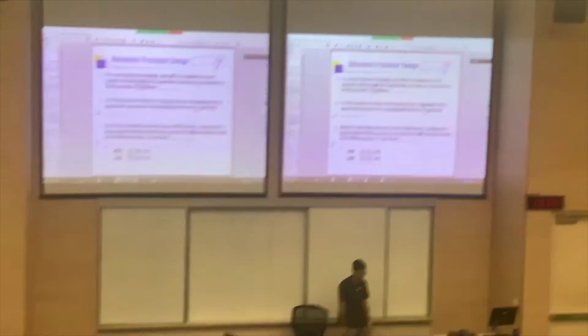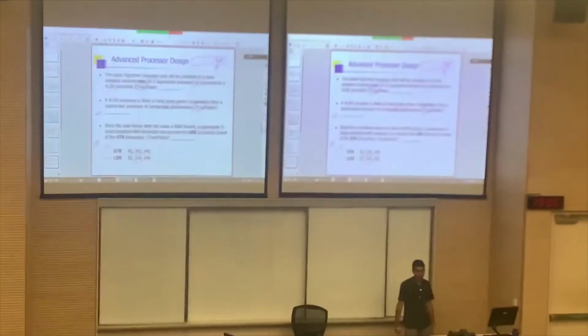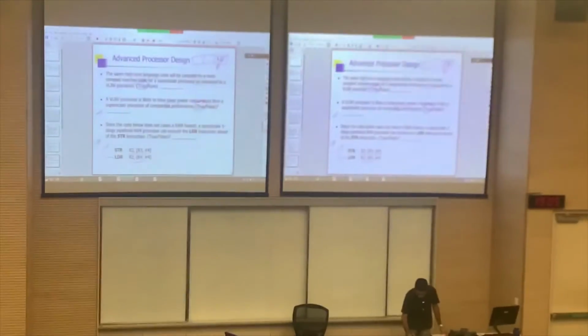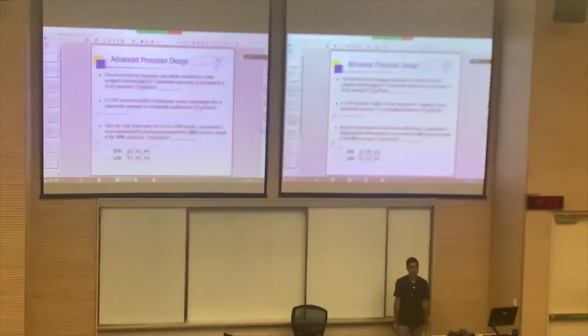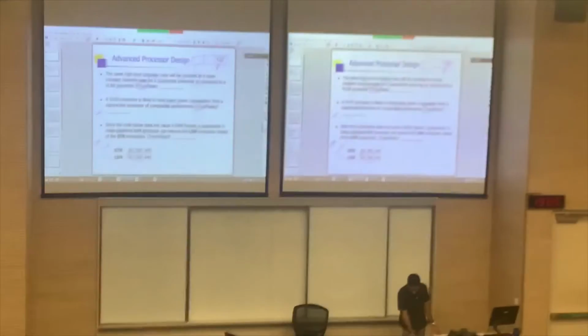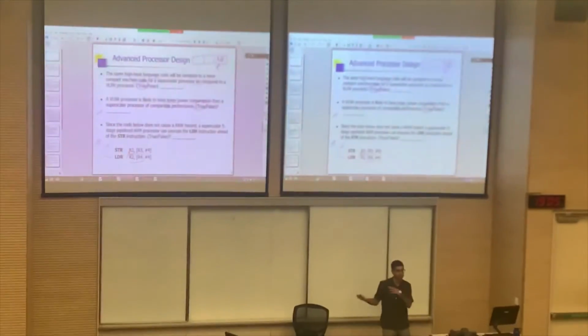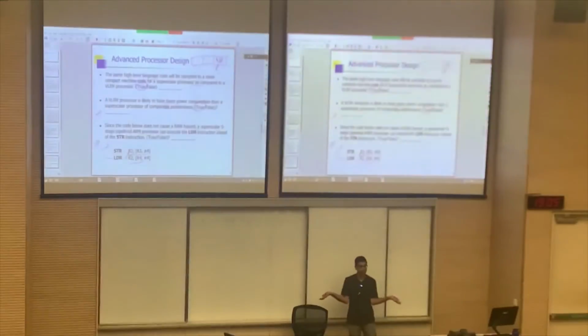No, because of two reasons. The first reason is there is an anti-dependency. If LDR gets ahead of STR and writes to R2, and STR is reading that R2 that was modified by LDR, you are getting it wrong.